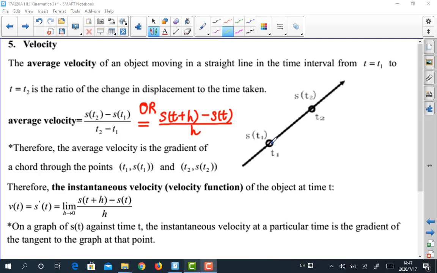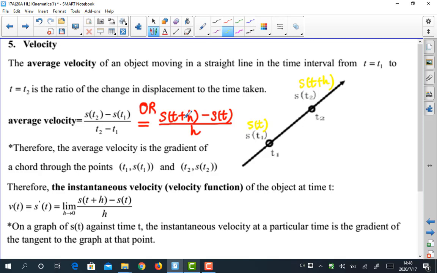You don't have to use t1, t2 to show these two different locations. Just like what we did in chapter 14 when we introduced the first principles, we also can say this one is s of t and this one is s of t plus h. They do have a time gap, or you can see the change in time is h. So you can also say s of t plus h minus s of t over h. Anyways, what is the average velocity?